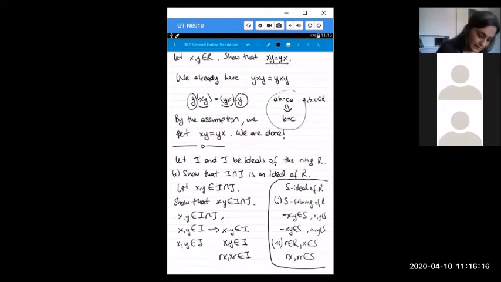Because I is an ideal of R. Any problem with that? I just used the definition of ideal. And the same thing applies for J, of course.